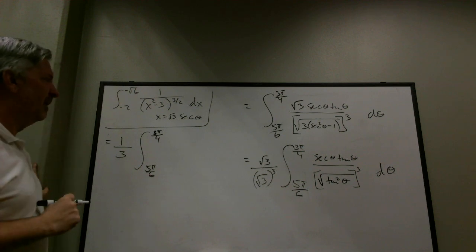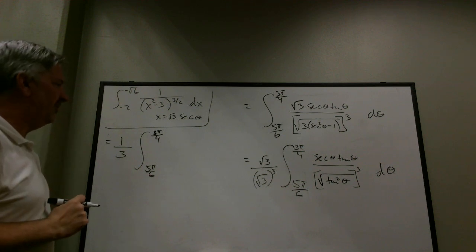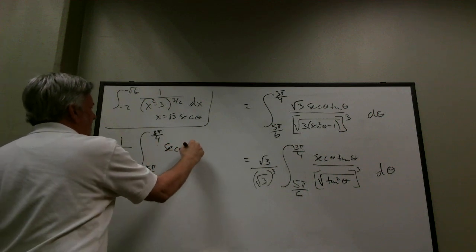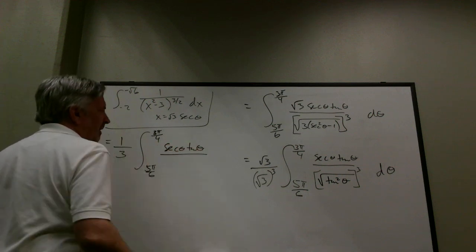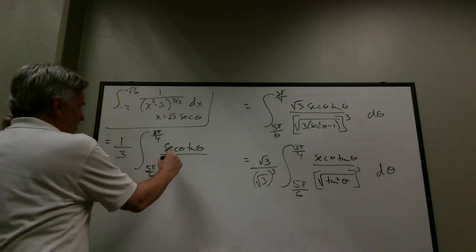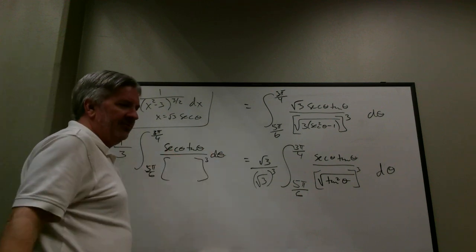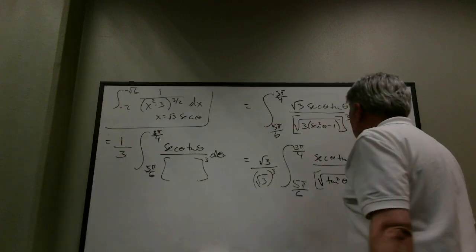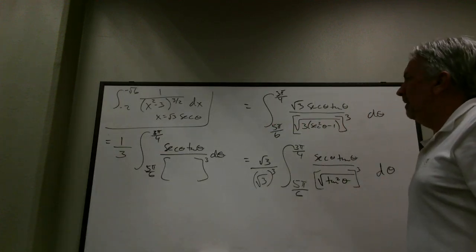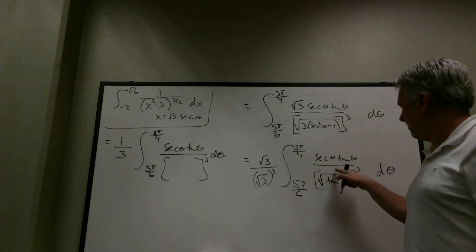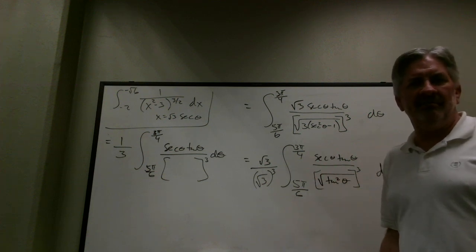Okay. Now let's do some simplifying here. We have secant theta, tan theta. Okay, and we still have the cube here. Okay, we have to be careful. Remember when we had the indefinite integral, we said, oh, the square root of tan squared is tan.